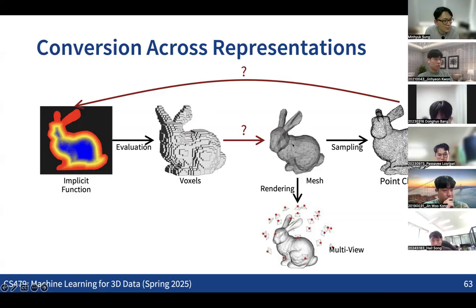One thing missing is how, from the multi-view, we can do all the conversions to the other representations. We're going to also see examples of converting the multi-view into the implicit function as well. So if we also make the loop from multi-view to the implicit function, we can do all the conversions from one to the other.